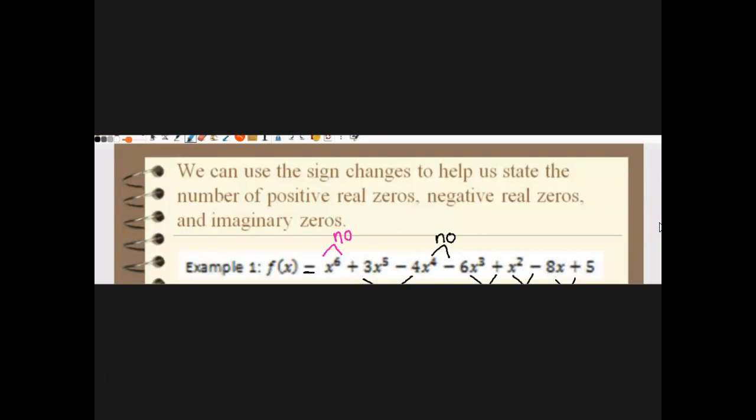So let's talk about this example here. If we look at x to the 6th to positive 3x to the 5th, that is not a sign change because it goes positive, positive. Then on the next one, it goes positive x to the 5th, negative x to the 4th.